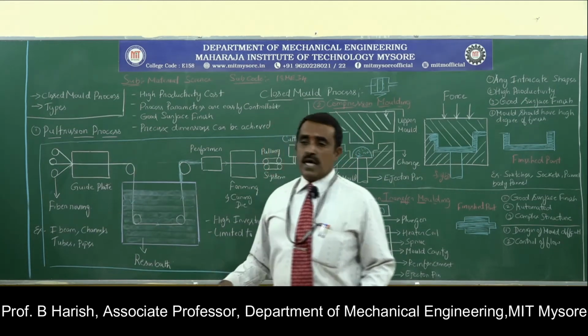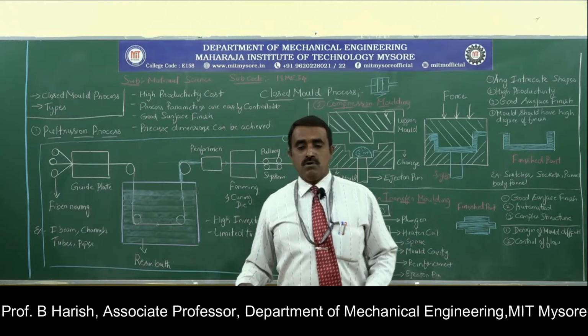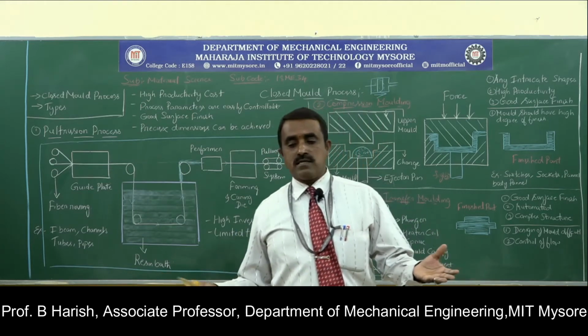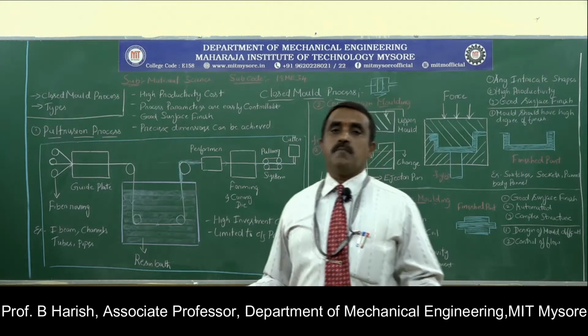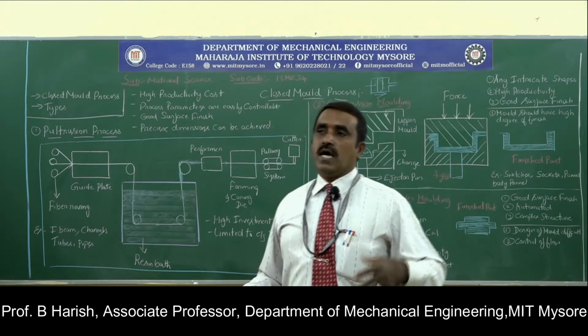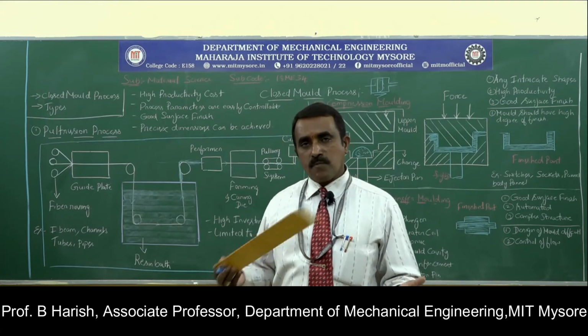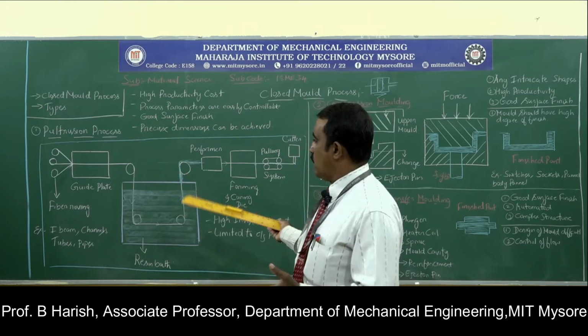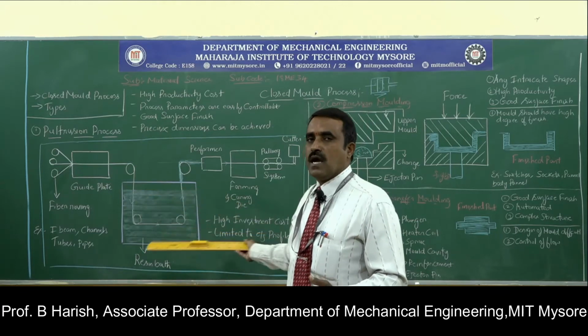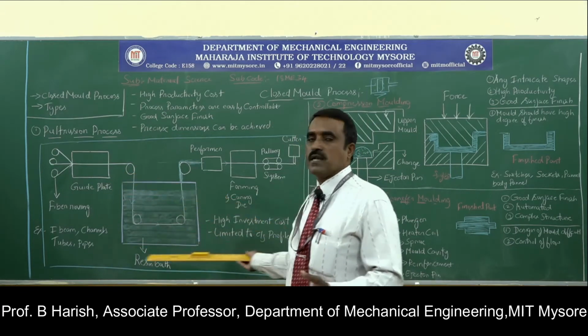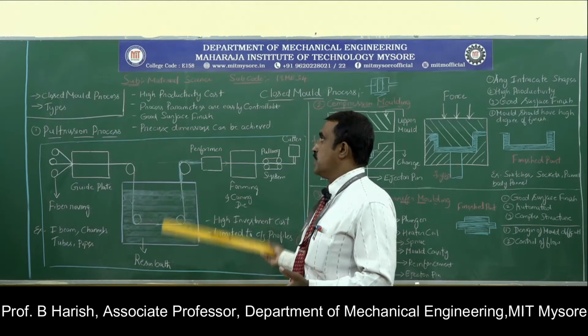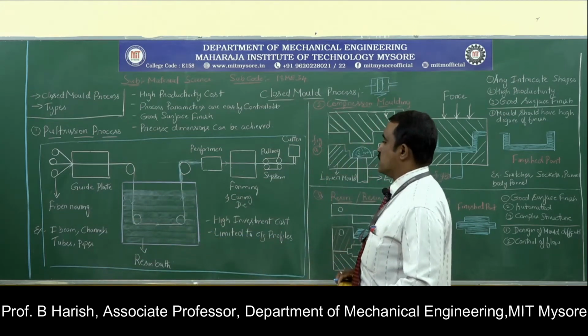So any process you take will have its own advantages, disadvantages and applications. We cannot have any process that is 100% perfect. Once we have discussed the different parts and how composite material is manufactured by this process, coming to the advantages.